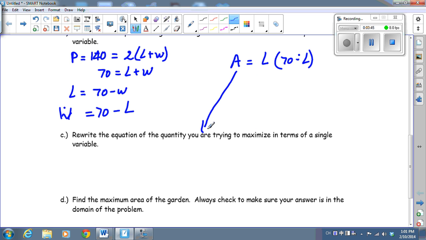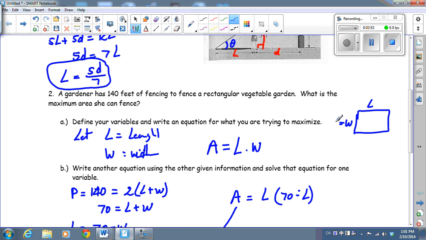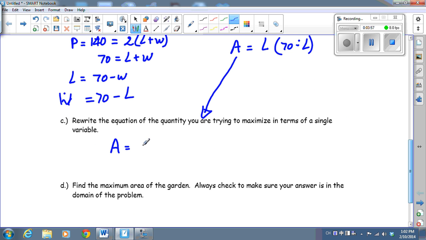The area is equal to, if I want to make it a single variable, and call the width X, X times 70 minus X, where X, in this case, I can call the width. I could have said X is the length. It's all up to me.